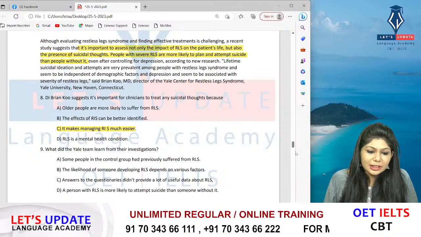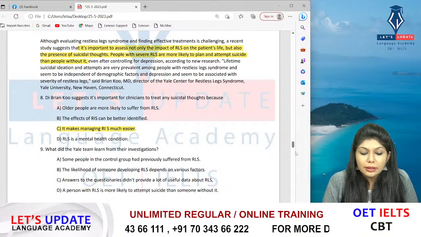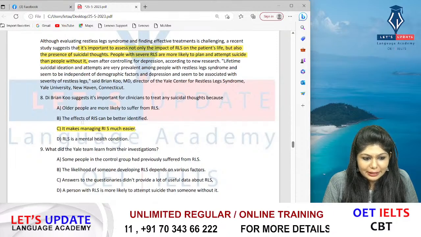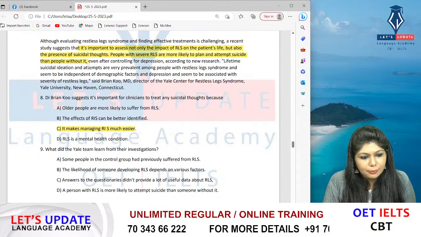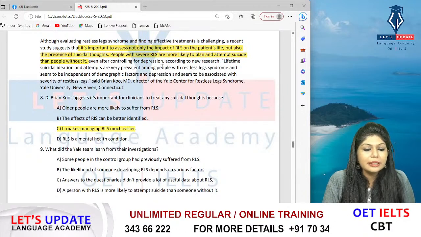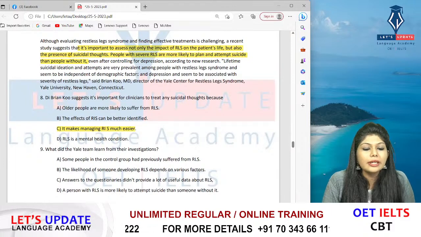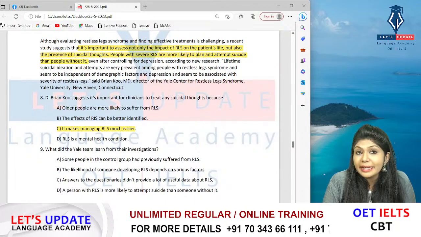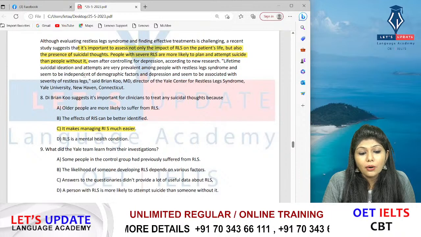Look at this paragraph. I think most of you have misunderstood some part of it. Look at this line: lifetime suicidal ideation attempts are very prevalent among people with restless leg syndrome and seem to be independent of demographic factors and depression, not dependent. They have said independent. Independent in the sense it is not dependent on these factors.